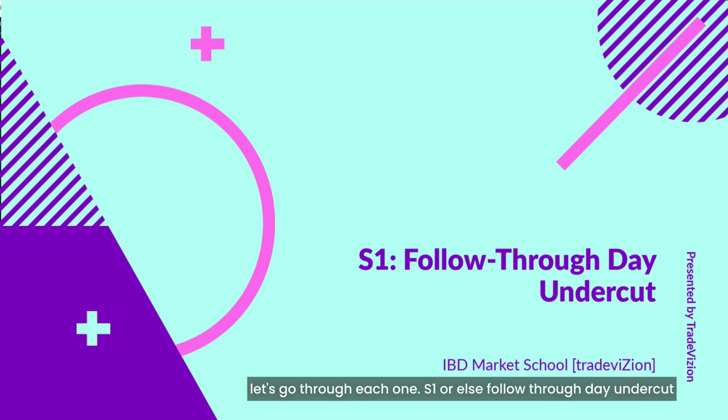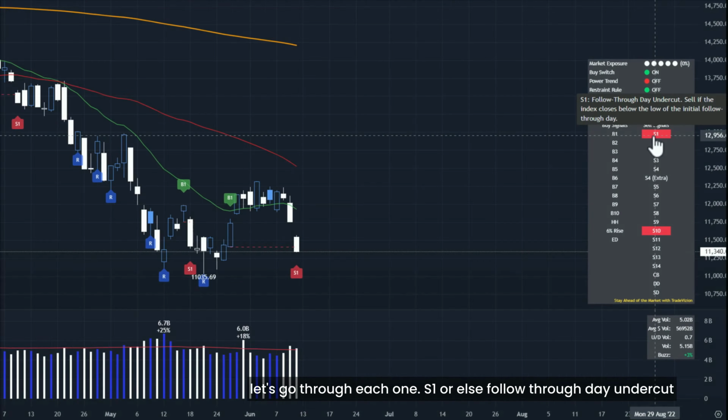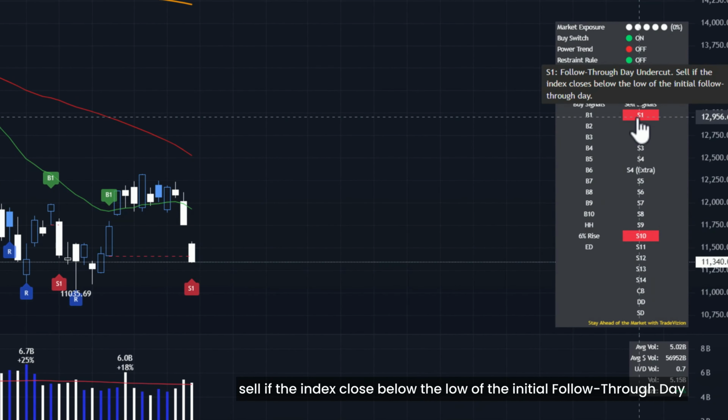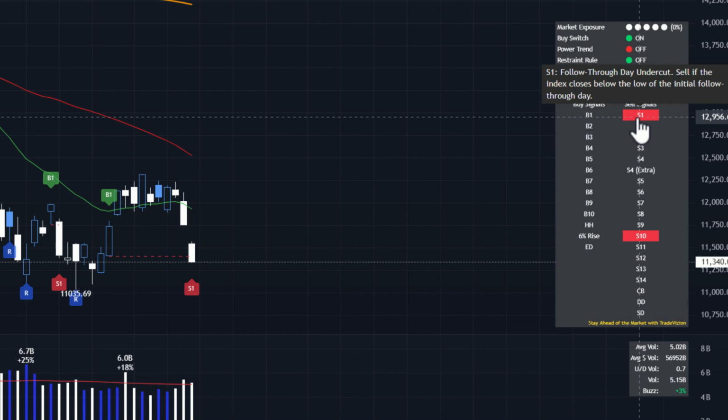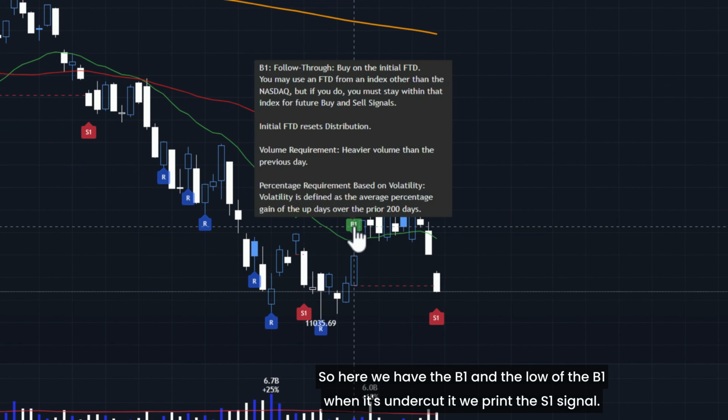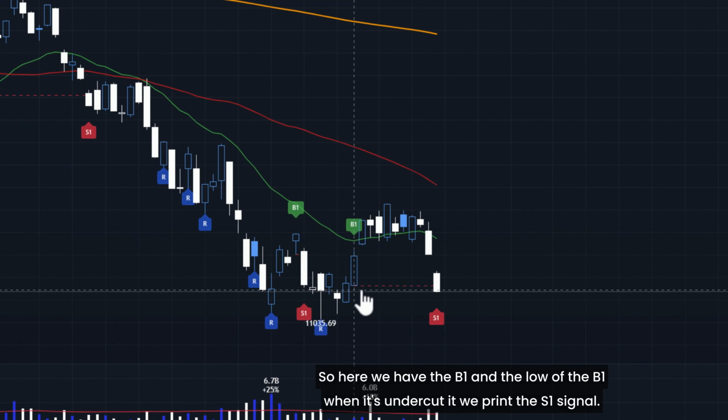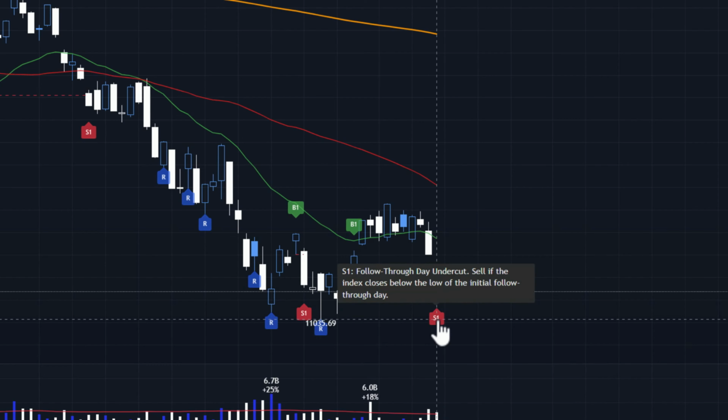S1, follow-through day undercut. Sell if the index closed below the low of the initial follow-through day. So here we have the B1, and when the low of the B1 is undercut, we print an S1 signal.